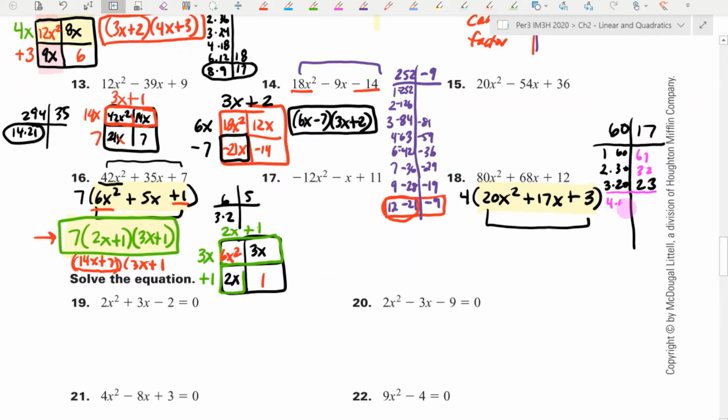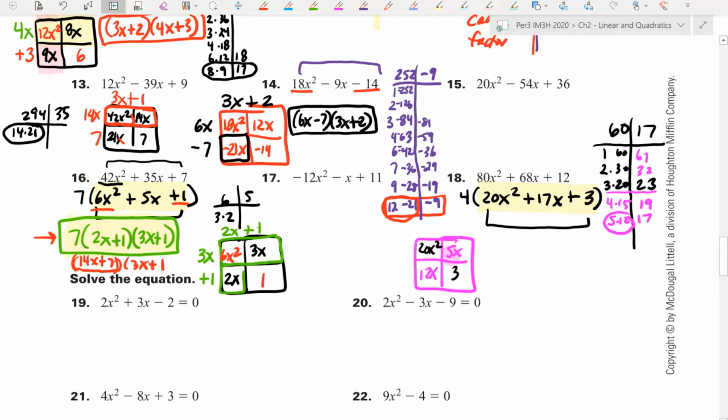4 times 15, that's going to give you 19. 5 times 12, that gives you 17. So we definitely need to use 5 times 12. So 5x, 12x, and everything is positive, which means all of your parentheses are going to have positive numbers in them. We have a 20x squared here, and then we have a 3.